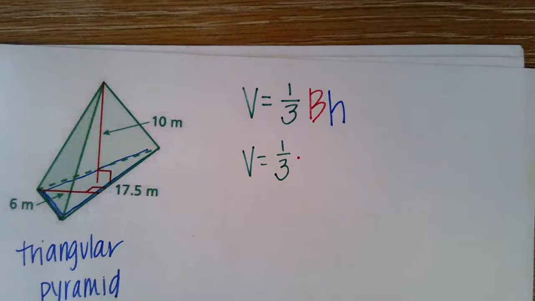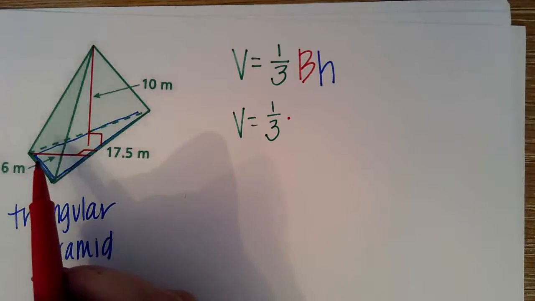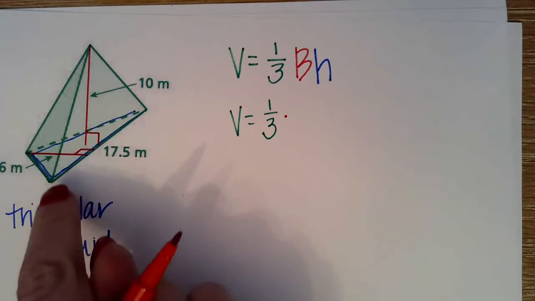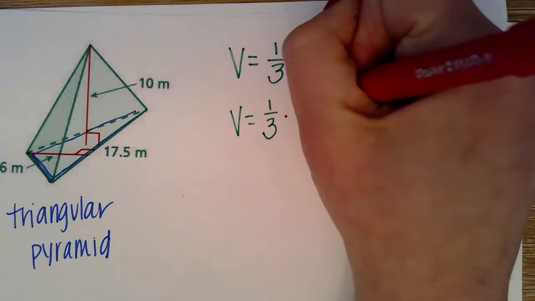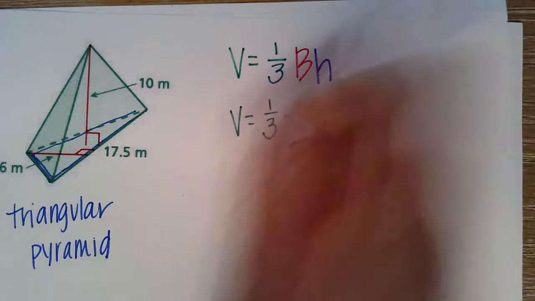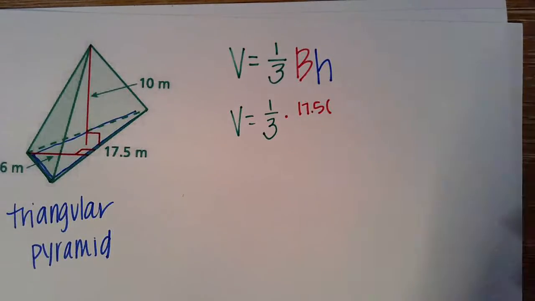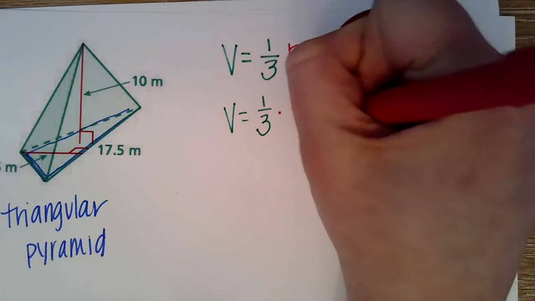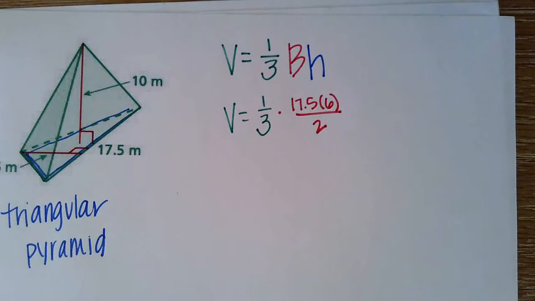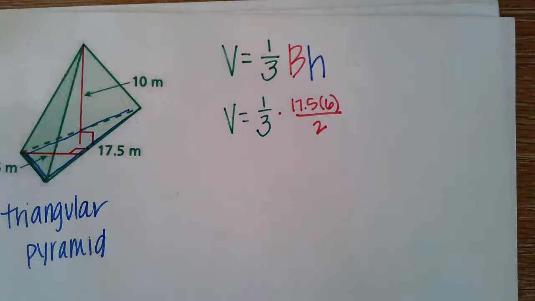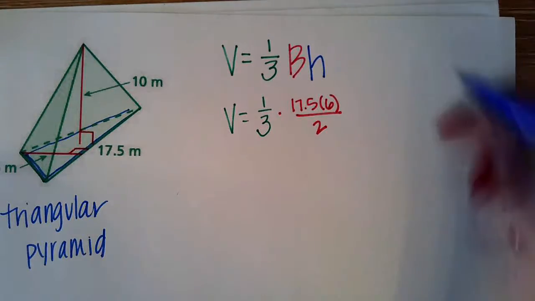I know that the formula to find the area of a triangle is base, which in this case is 17.5, times the height of my triangle base, which is right here, that's 6, and all of that divided by 2. Again, my height starts at that point across from my base. In this case, that would be 10.